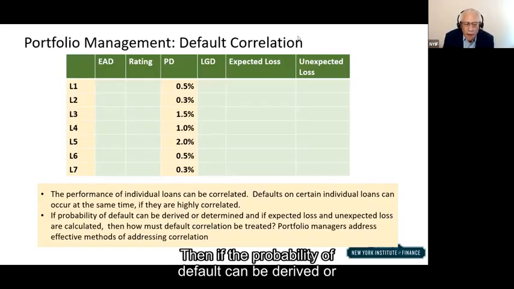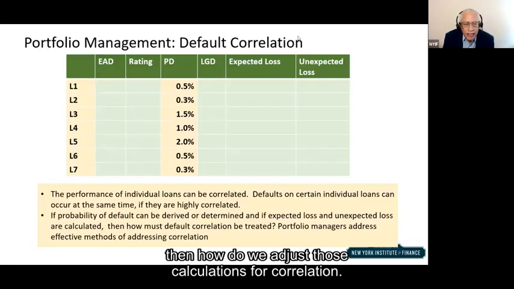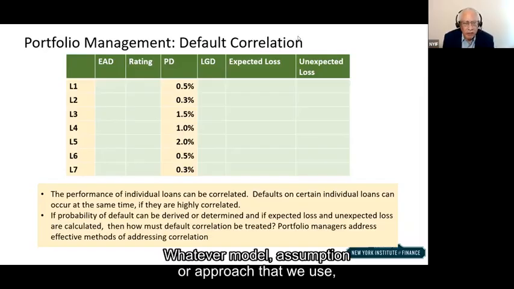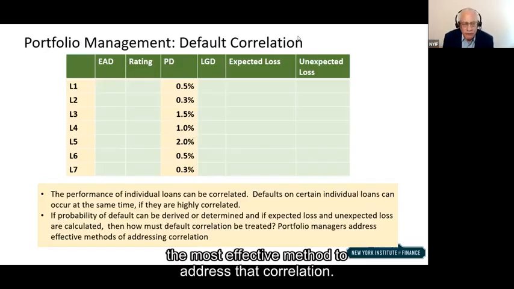And if the probability of default can be determined, and if expected loss and unexpected loss are calculated, then how do we adjust those calculations for correlation? That's the objective here. Whatever model, assumption, or approach we use, we're trying to adjust for portfolio default correlation. Risk managers try to find the most effective method to address that correlation.